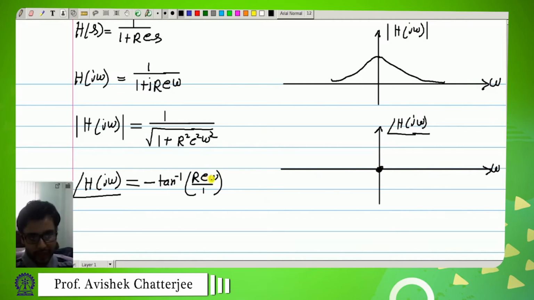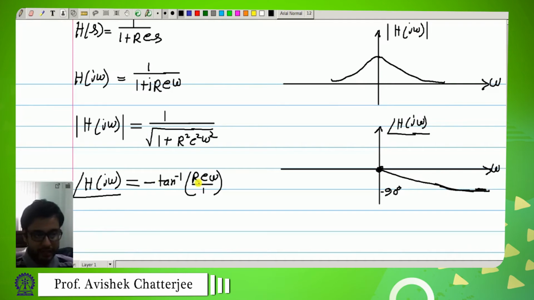Now if omega is very large, tending to infinity, then tan inverse infinity is 90 degree, and because of this minus, we will have minus 90 degree when omega is very large. Okay, so minus 90 degree, and that means as omega increases from 0 to infinity, this angle will decrease like this.